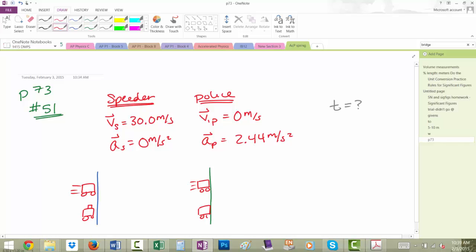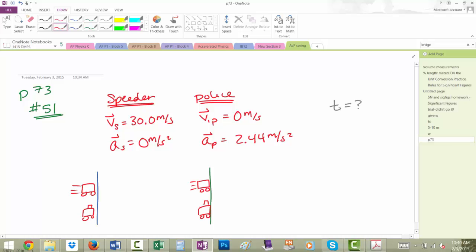What about the police car? Is the police car moving at the same speed that it was at before? No. How does its speed compare with the speed of the speeder? What do you think? The same or faster? Faster. Why do you say faster?